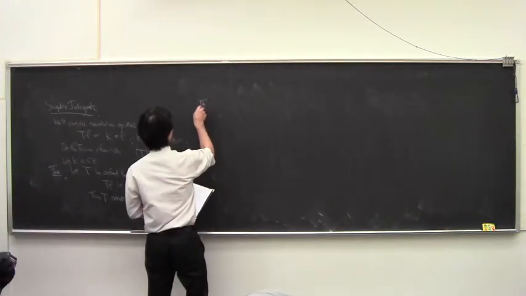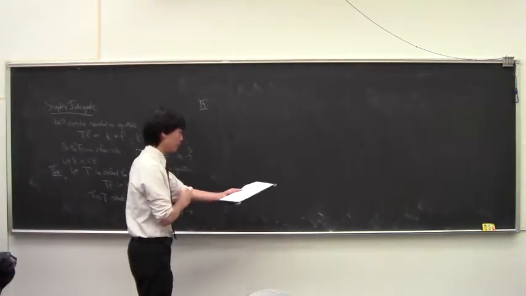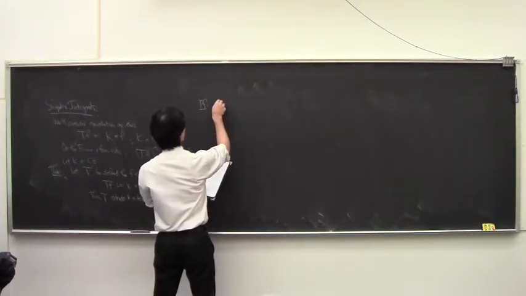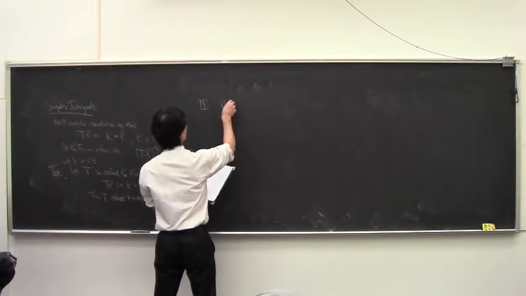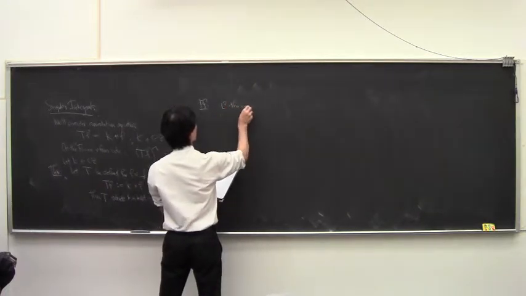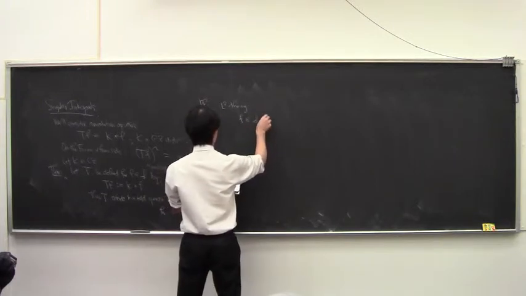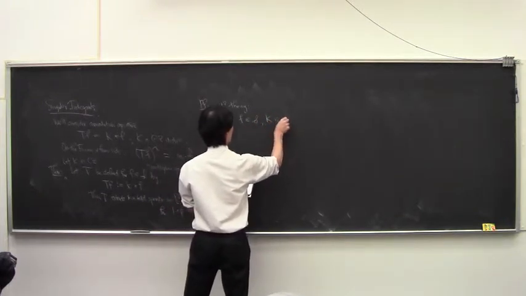So I think we'll do the whole proof, but let's do a part of the proof. So proof, this part, the L^2 theory. You say, well, f is in the Schwartz class and K is tempered.